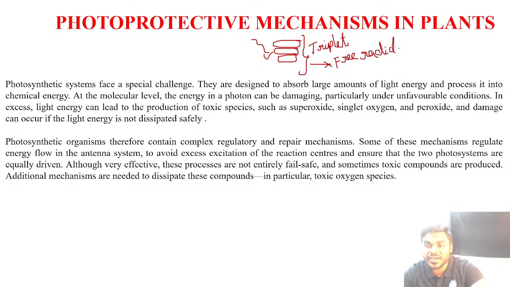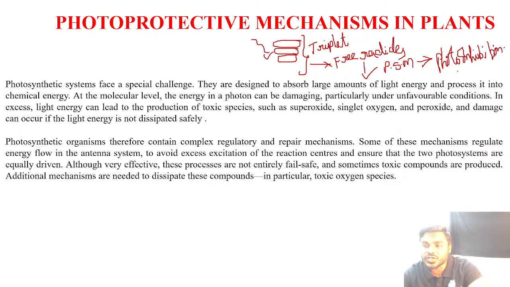Once these free radicals get activated, they will destroy all the photosynthetic machinery present on the thylakoid membrane. Hence, photosynthesis will stop. What do you call this particular process? We will be calling this photoinhibition.